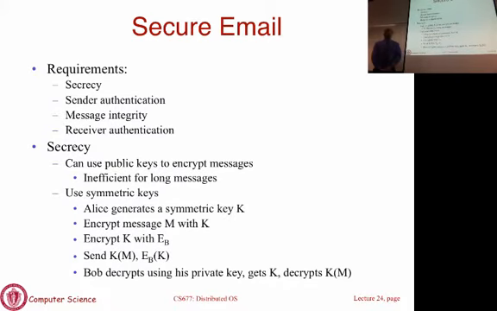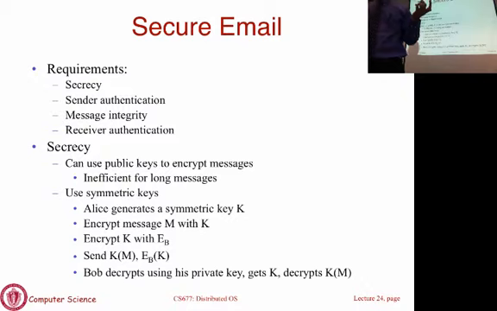Okay. Simplest thing you can do is you just use the recipient's public key and encrypt it. Okay, you want to send a message to Bob, you use Bob's public key, you encrypt the entire email. Now only Bob can decrypt it. Okay. But as I said last time, public keys are very long. Encrypting an arbitrary sized document or arbitrary sized email using public key cryptography is going to be computationally expensive.